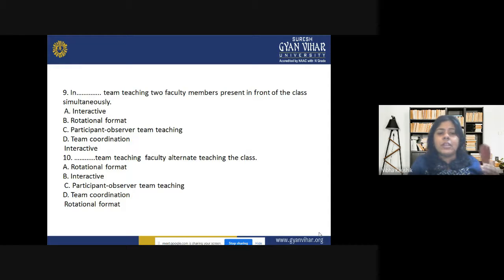Now you have to select the correct one on the basis of the given choices.